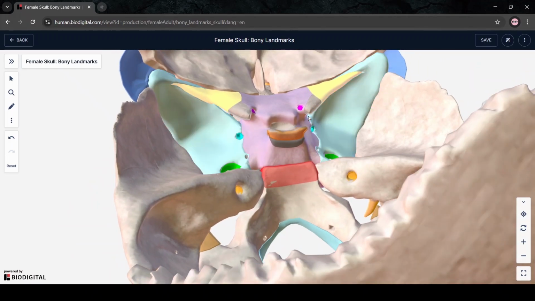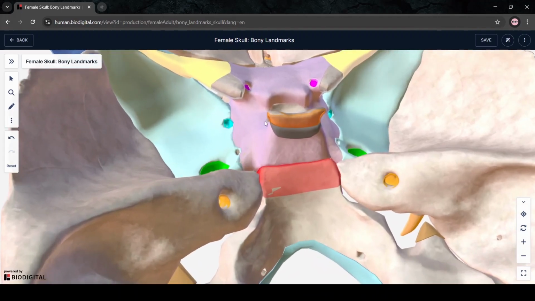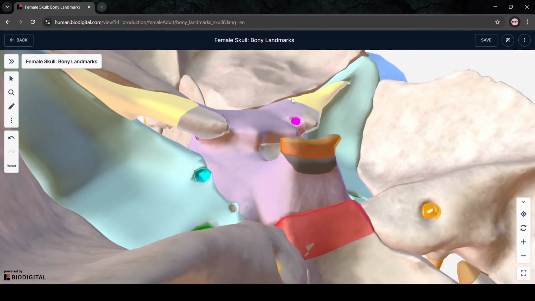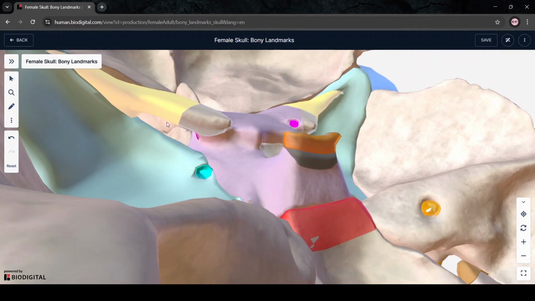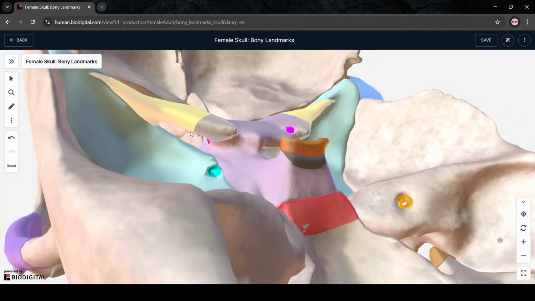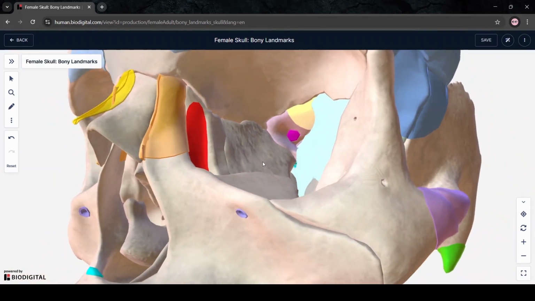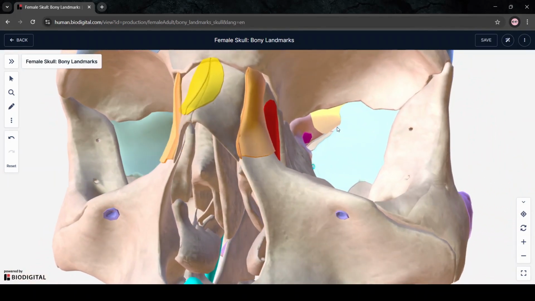See this big hole? It's a fissure, not a foramen. A foramen is circular and small. This is a fissure, and it is huge. If you look to the front from your eye, this is the superior orbital fissure.